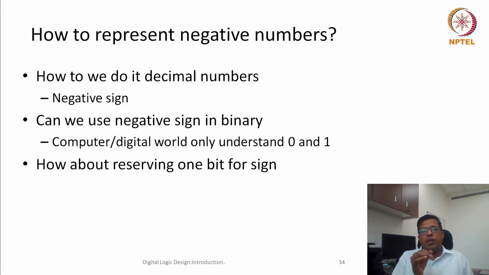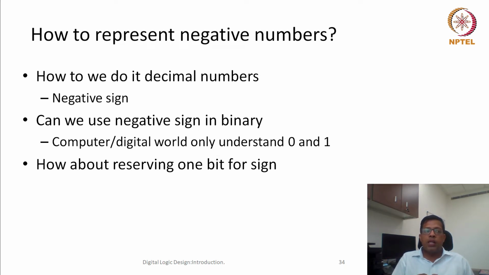A negative number in a decimal representation, we represent it by putting a negative sign. So can we put the same negative sign in binary numbers? Possibly no, because whenever we are going to use binary numbers, they would be in a digital word, and a digital word only understands the language of zeros and ones.